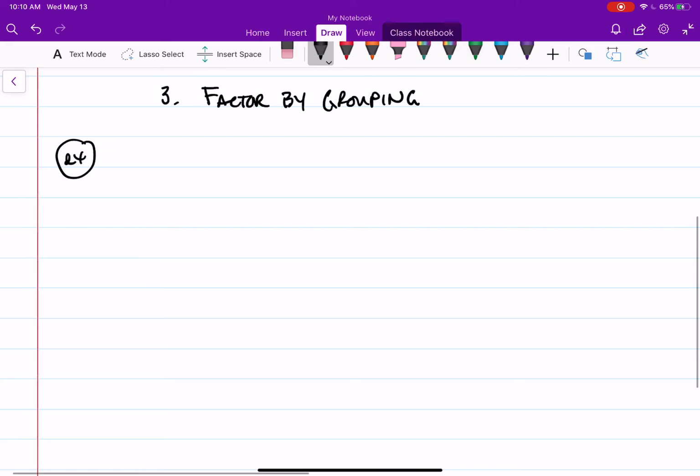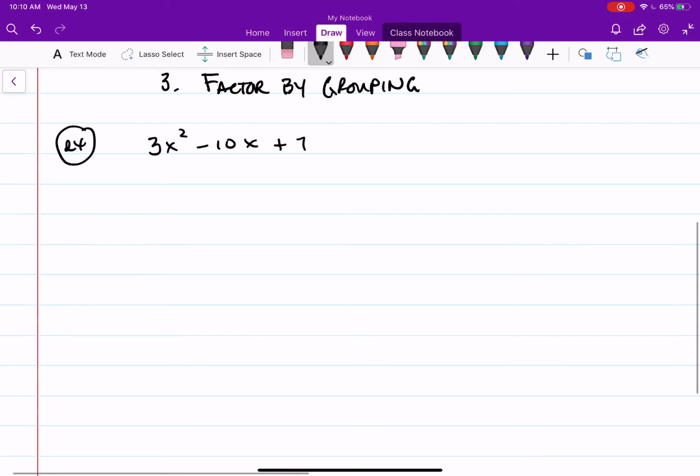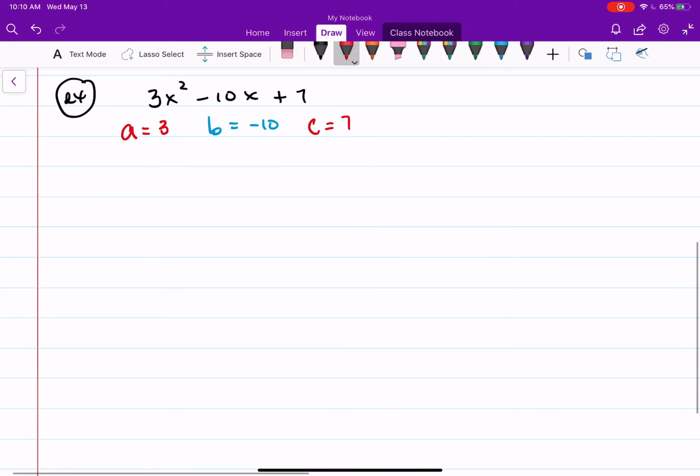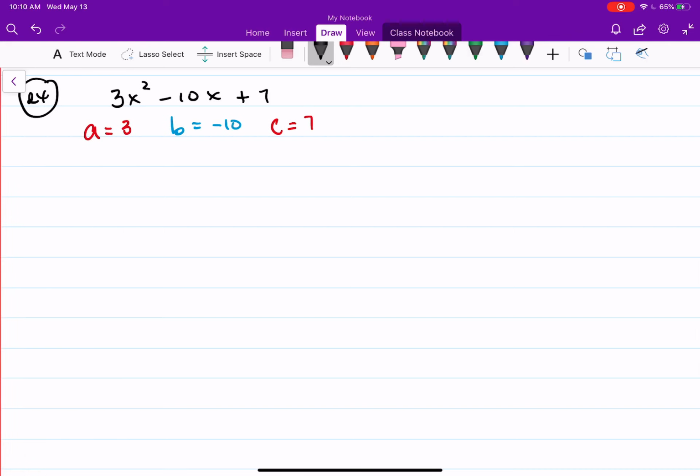Let's take, for example, 3x squared minus 10x plus 7. So A is equal to 3, B is equal to negative 10, and C is equal to 7. Step 1 is A times C, that's equal to 3 times 7, which is equal to 21.